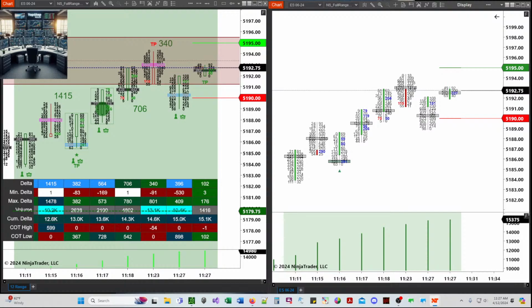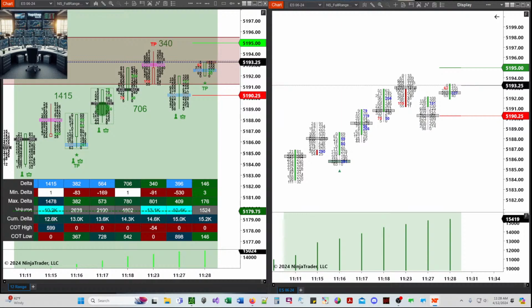We got problems up here in this fair value gap. We got problems. Let's see if this is going to be a big problem or a little problem. Buyers have problems up here in this fair value gap.